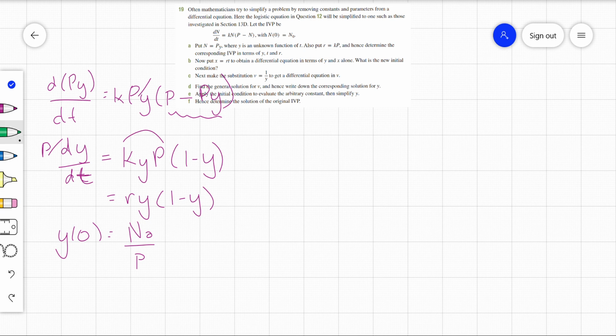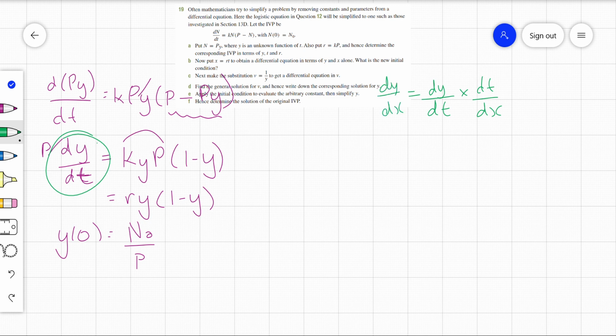Alright, then the second one says let's put in x equals rt to obtain a differential equation in terms of y and x alone. So I want a dy/dx, but if you think about it, over this side we've got dy/dt, so if I use dy/dt and multiply by dt/dx, I would have dy/dx, which would give me what I want.